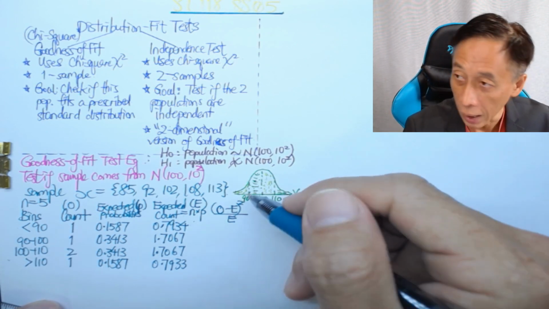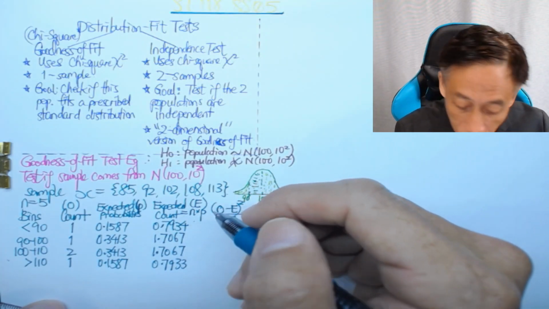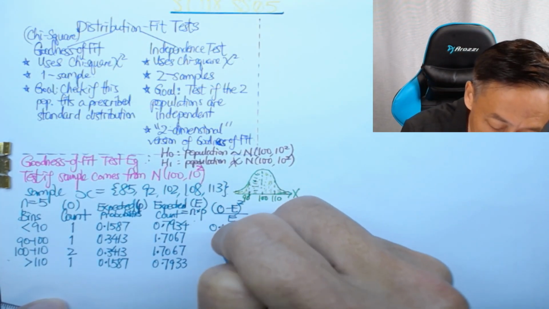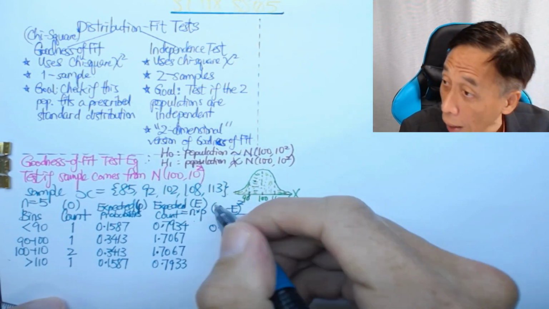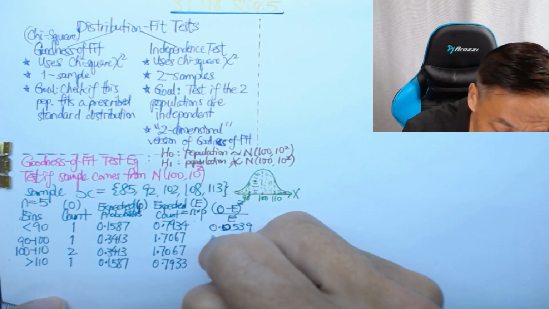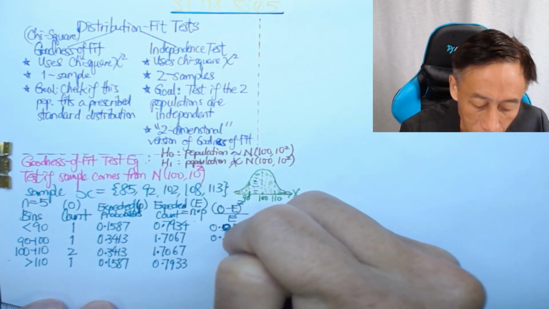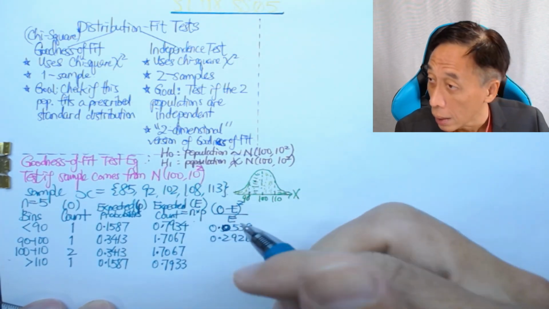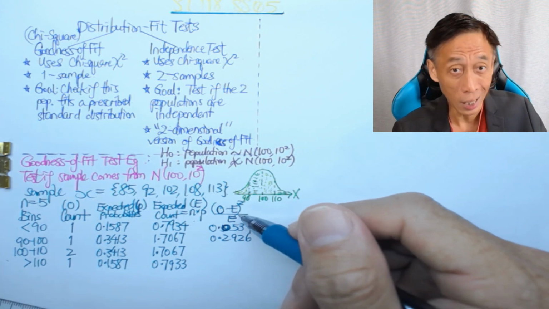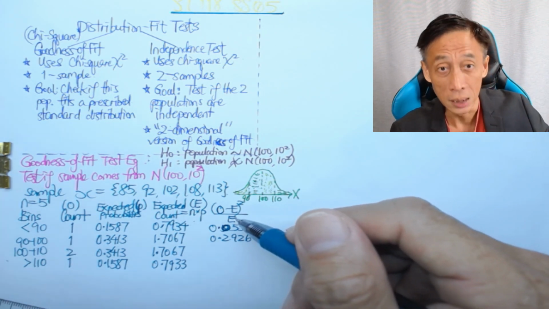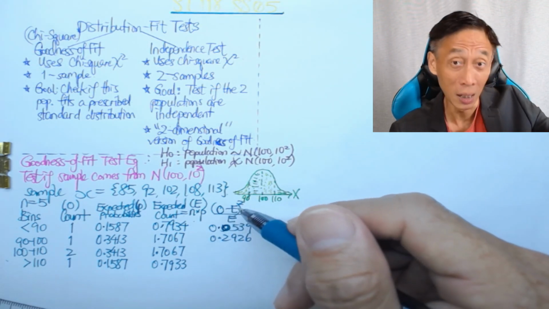What will they be term for term? 0.0539. So let me write that down. 0.0539 and 0.2926. They are fractional, in other words, they are less than 1, but could be larger than 1 because of the square. If the difference is larger than 1, then squaring will make it even larger.